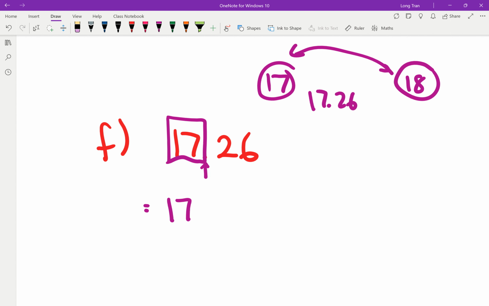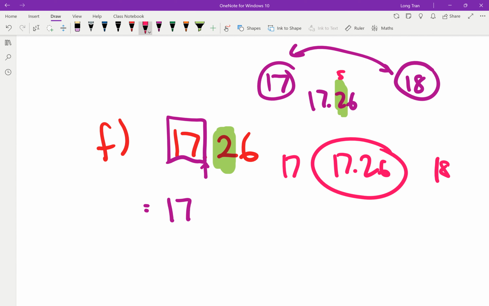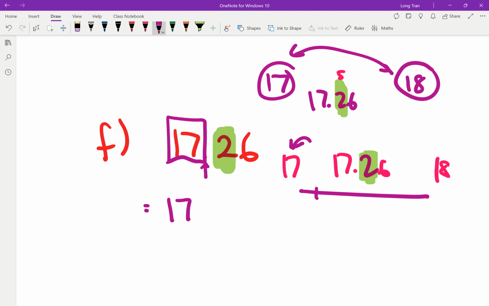Another way of knowing is by checking this digit here, you can see that it is not 5 or more. If I ask students whether 17.26 is closer to 17 or 18, most can figure this one out without using a rule, because they know 0.26 is on a scale much closer to 17.